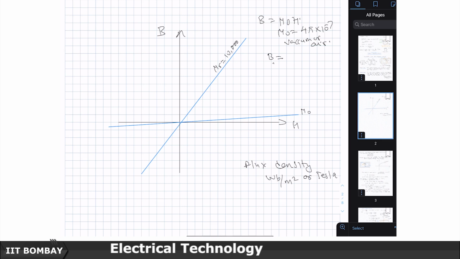Then in such a ferrite core, you will get mu 0 mu r times H, which in this particular case is 10,000 times the B that you would have got in air or vacuum. So if the flux density increases, then B dot ds, over the area of cross section, is the flux. Obviously, the magnetic flux will be increased.